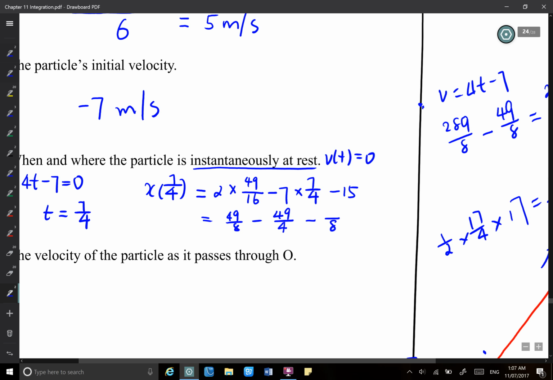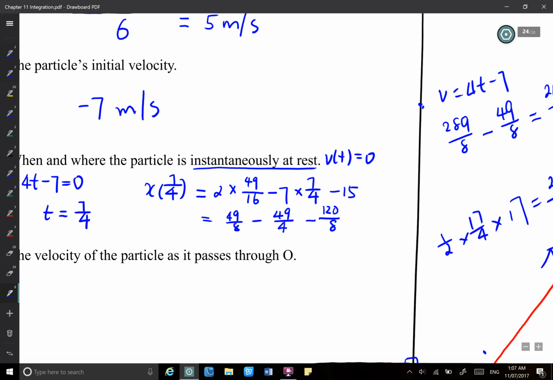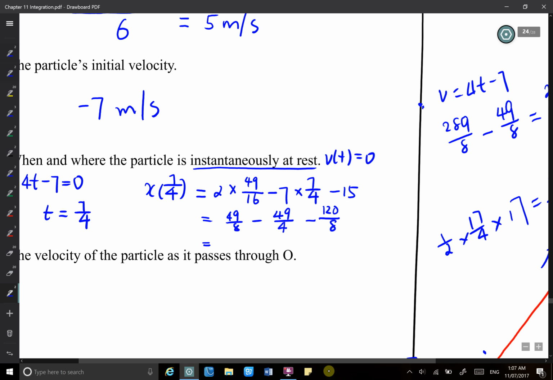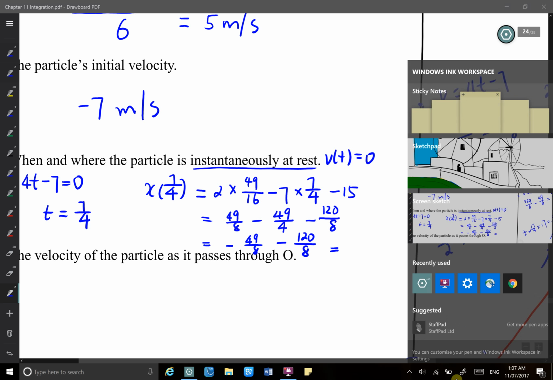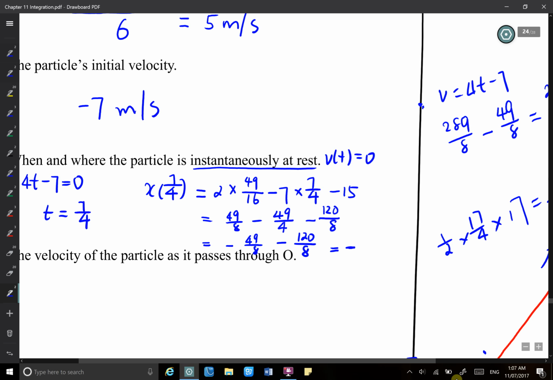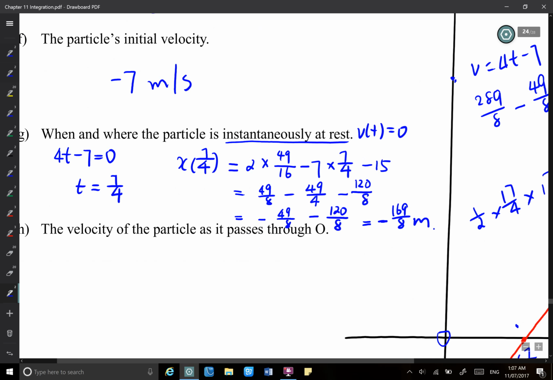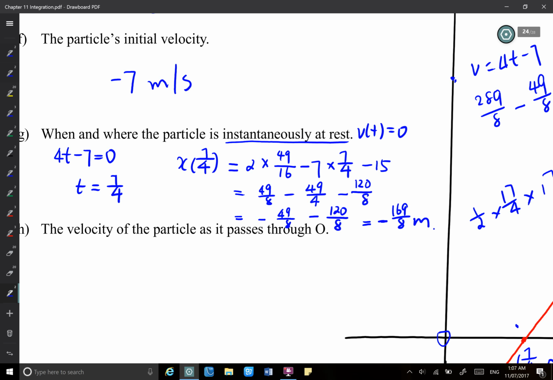Let's say the denominator is 8, so 120 over 8. That is 49 over 8 minus 98 over 8 minus 120 over 8, which equals negative 169 over 8 meters. At negative 169 over 8 meters, the particle is instantaneously at rest.